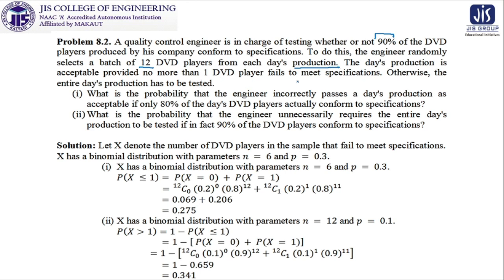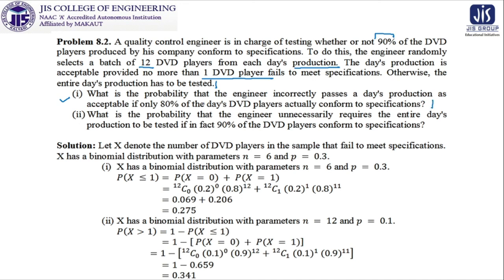The day's production is acceptable provided no more than one DVD player fails to meet the specification. Otherwise, the entire day's production has to be tested. Now the question is, what is the probability that the engineer incorrectly passes a day's production as acceptable if only 80% of the day's DVD players actually conform to specification?